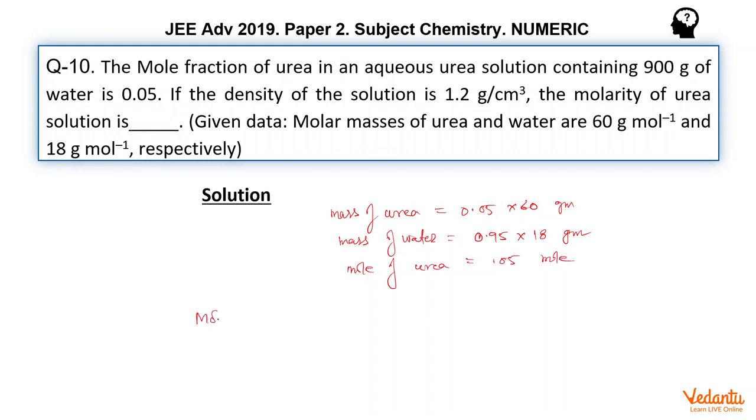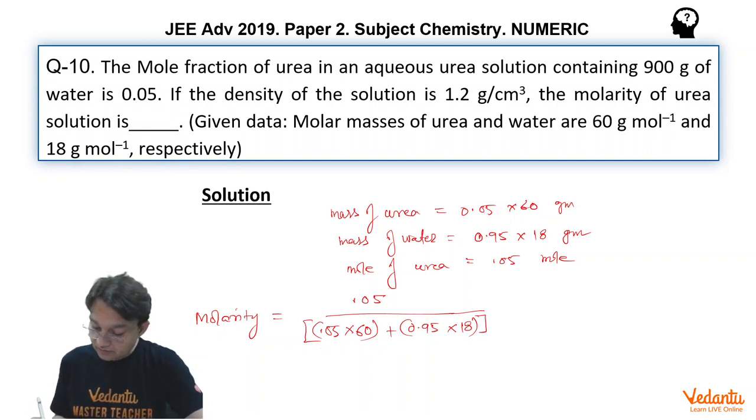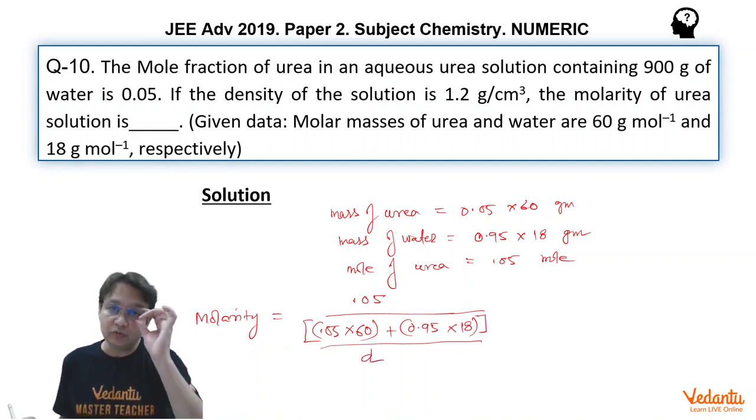So that means molarity is equal to 0.05 divided by 0.05 into 60 plus 0.95 into 18. This quantity in the denominator is basically the mass of solution. And if we divide this mass of solution by the density of solution D, it is going to give us the volume of solution.